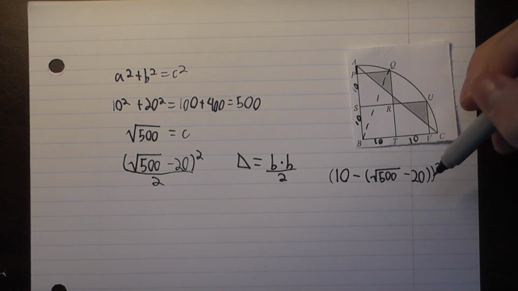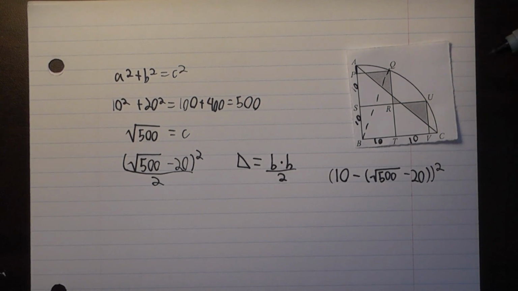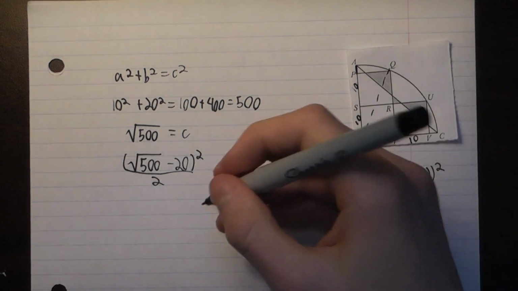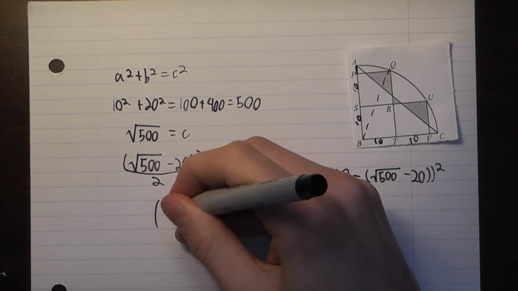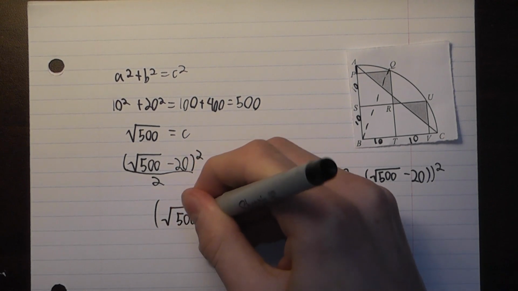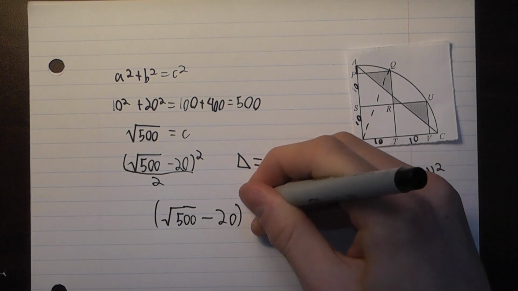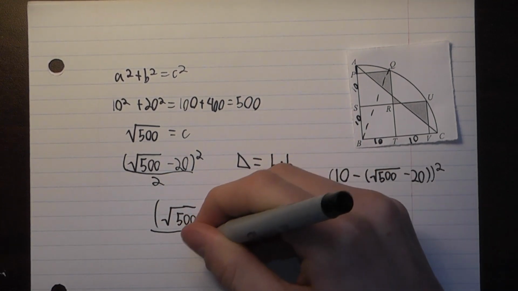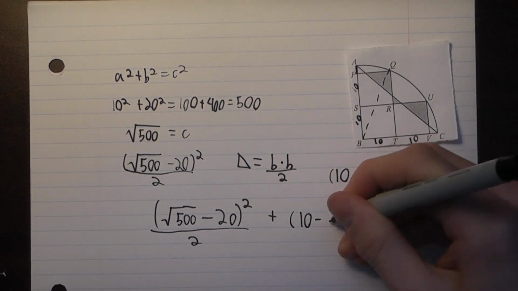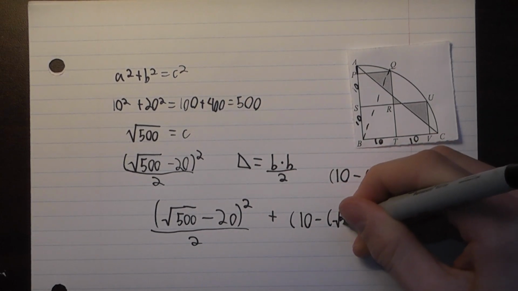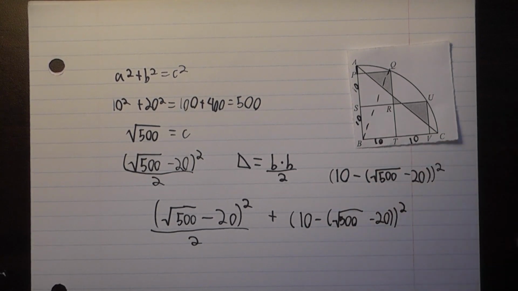But this time we don't need to divide it by 2, because there's 2 triangles. So we would just end up multiplying it by 2. So our final equation is square root of 500 minus 20, squared over 2, plus 10 minus square root of 500 minus 20, squared.